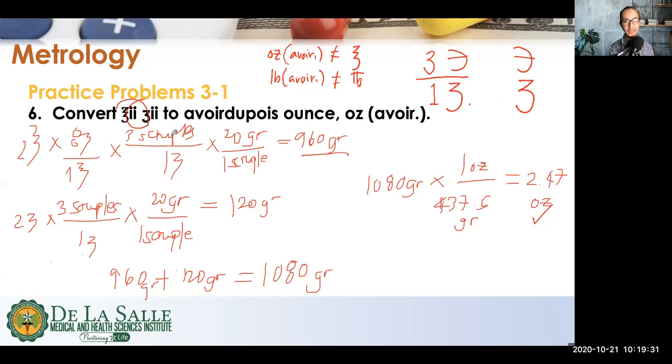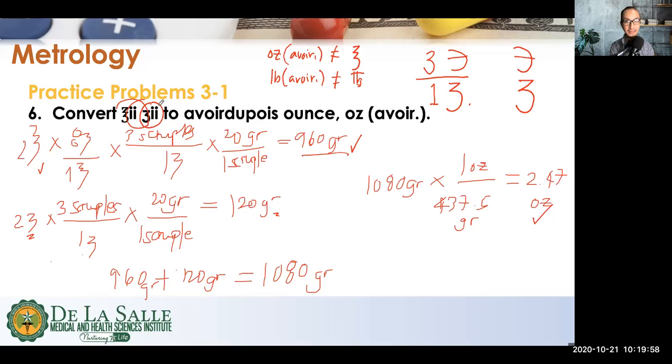So 1 dram is equivalent to 3 scruples, and 1 scruple is equivalent to 20 grains. So we have 960 grains, which is the equivalent amount of 2 ounces in the apothecary system. And then we also have here 2 drams. She converted 2 drams and 2 grains using the same conversion factor, so the answer is 120 grains.